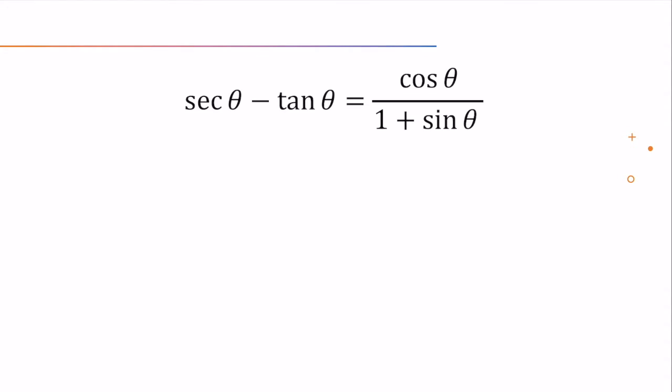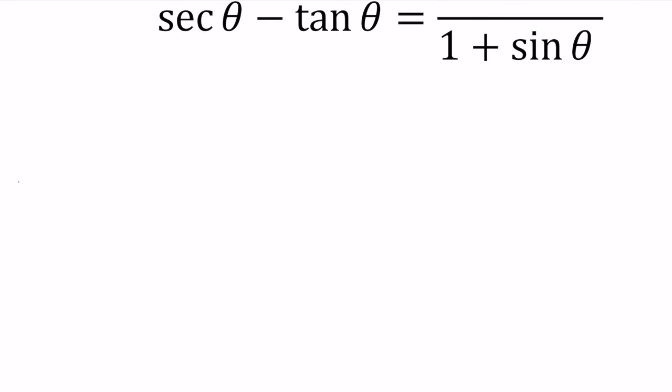So this first quiz problem was secant theta minus tan theta equals cosine over 1 plus sine theta. This would be a great one to go ahead and write in terms of sine and cosine.